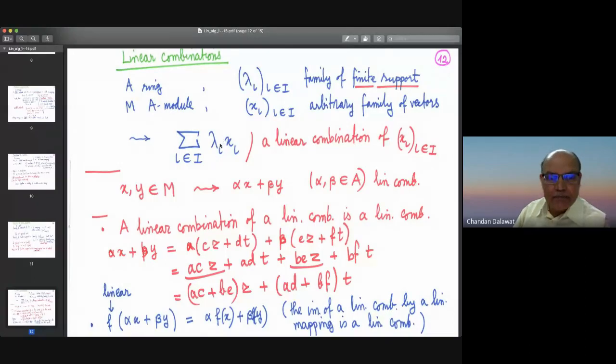Any sum which I obtain in this manner is going to be called a linear combination of this family.